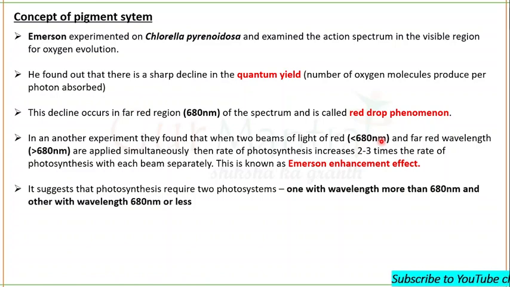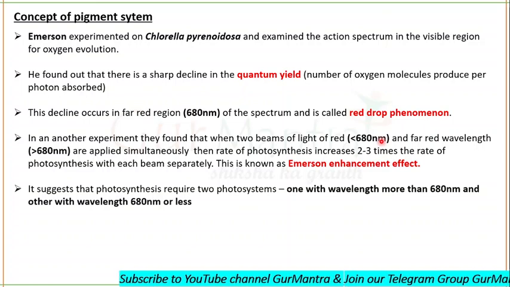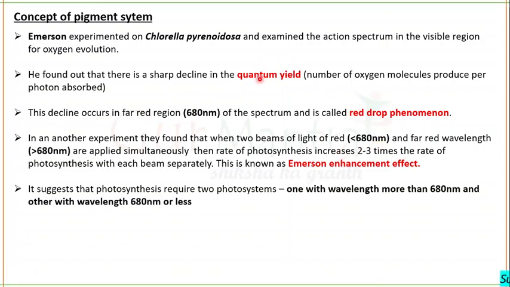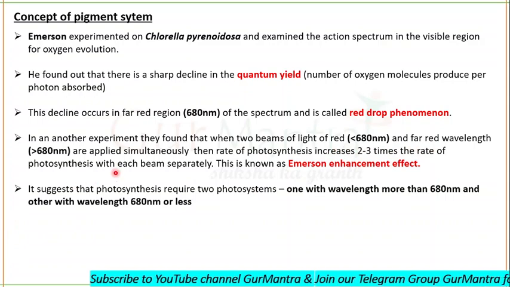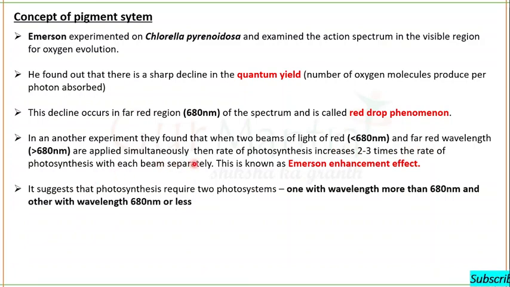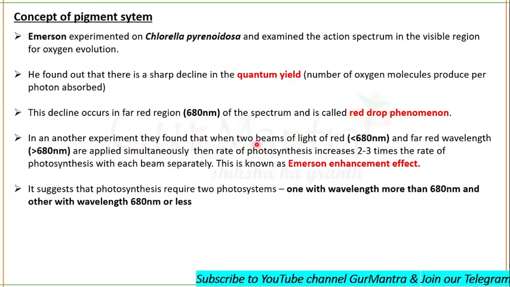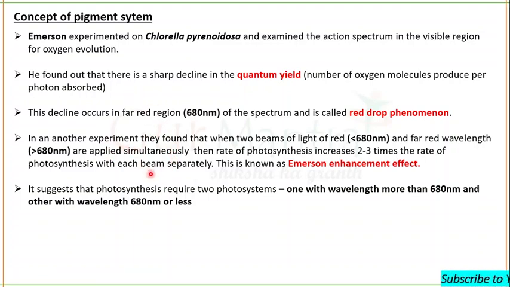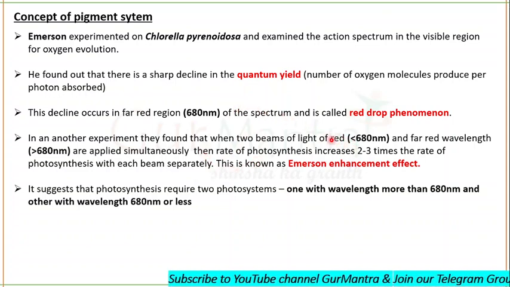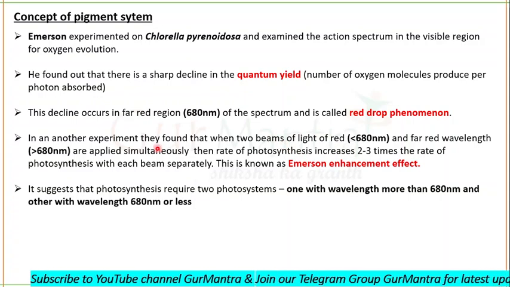He found out that when two beams of light are illuminated simultaneously, the rate of photosynthesis increases 2 to 3 times the rate of photosynthesis with each beam separately. If you illuminate each beam separately, the beam of red light and then the beam of far red light, there will be a lesser rate of photosynthesis, but the rate will increase 2 to 3 times if we illuminate the two beams simultaneously.